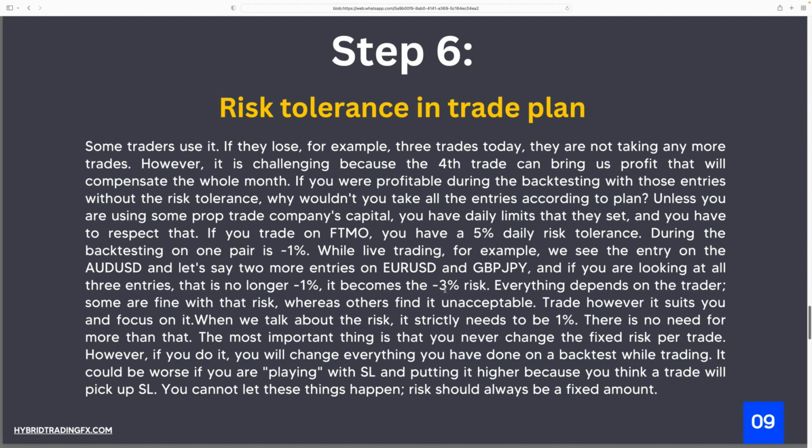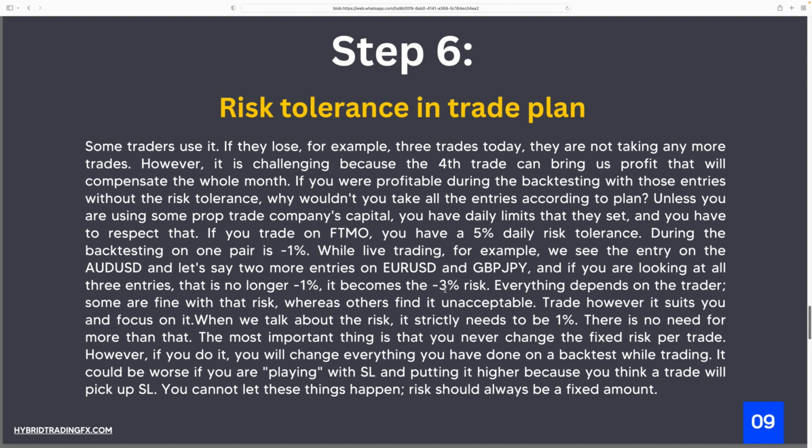So again, guys, pair correlations. Let's say, for example, you're trading EURUSD, GBPUSD, and AUDUSD. Pair correlations can happen, and you're going to have the exact same pattern on all 3 pairs.